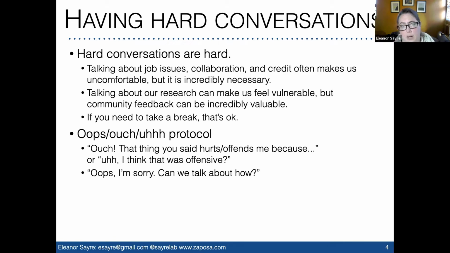Another thing I want to talk about here, as we are getting prepared to do this, is that having hard conversations is hard. Talking about job issues, collaboration, credit for work, talking about what we should be doing, how this should have worked. It's uncomfortable, but it's incredibly necessary. As faculty, as advisors, we are not trained in how to mentor students.